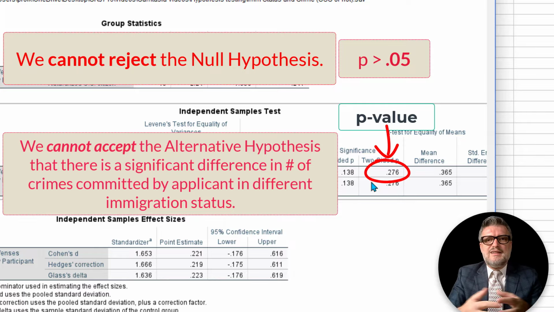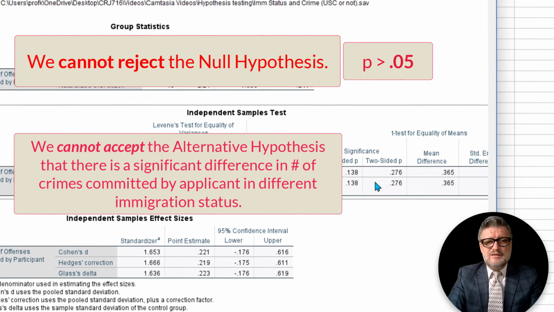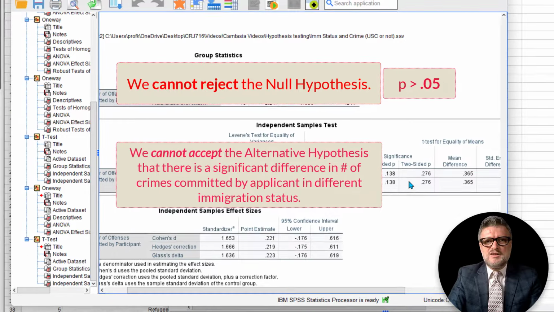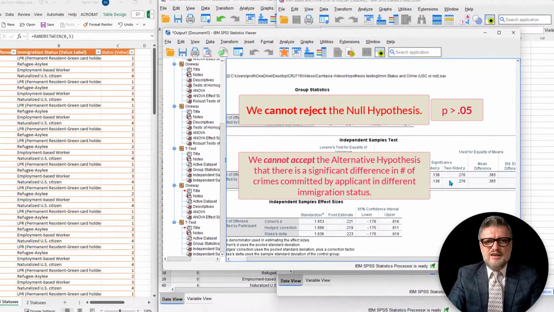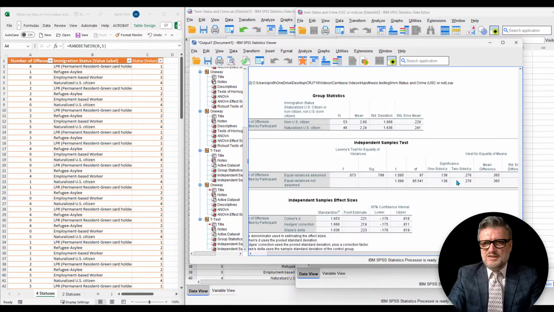Therefore, we cannot state that there is a significant difference between the number of offenses committed by non-US citizens and naturalized US citizens. So I hope that the demonstration of the statistical tests made understanding hypotheses and variables a little bit easier. This concludes this video. Thank you for watching.